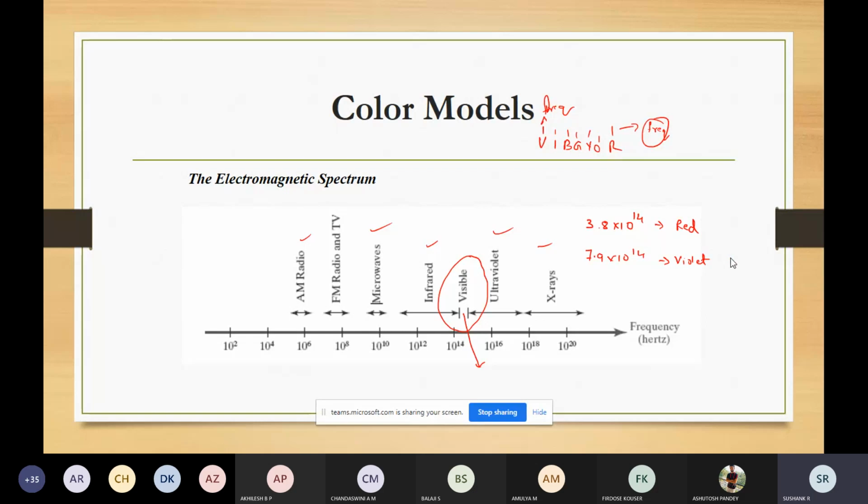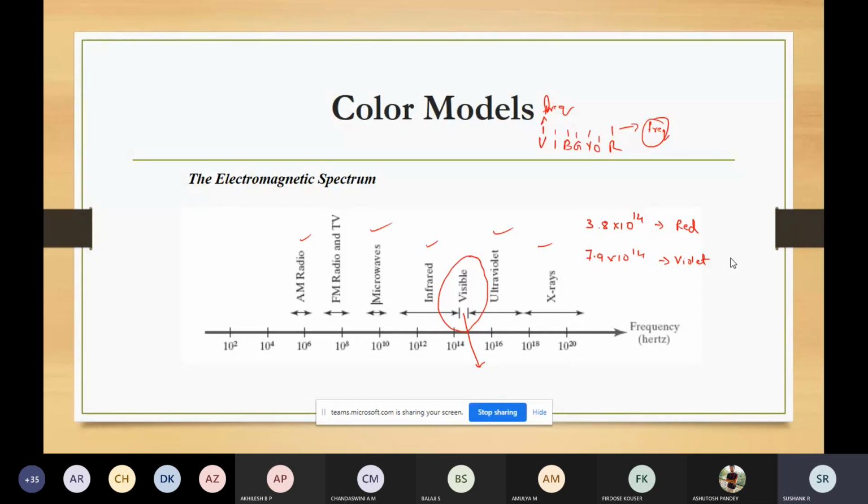Each frequency value within the visible region of this spectrum will correspond to a different spectral color. At the lower end of the frequency we have red color, and at the higher end of the frequency we have violet color. Some sample values: 3.8 corresponds to red color, and 7.9 corresponds to violet color.